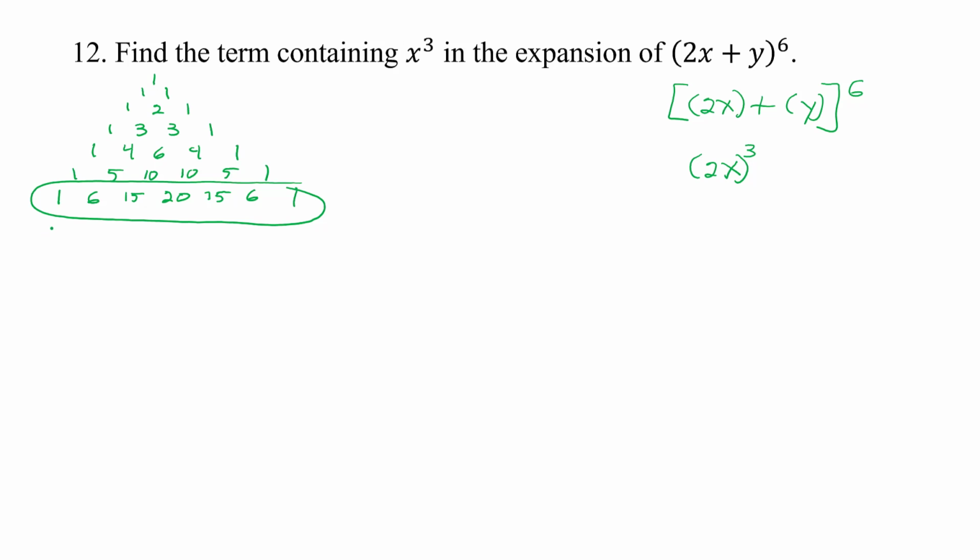Our first term is going to be 2x raised to the sixth power, the second term would come from 2x raised to the fifth power, and then we'd have 2x raised to the fourth power, and then next, this fourth term, we're going to have 2x raised to the third power.